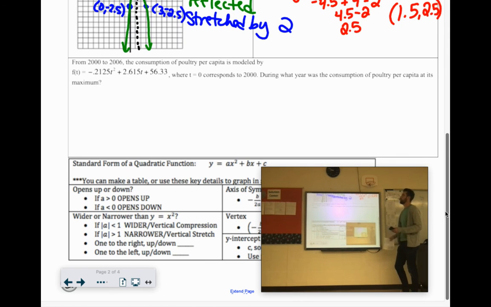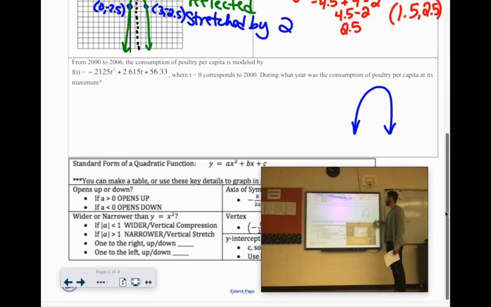From 2000 to 2006, the consumption of poultry per capita is modeled by this formula, where t equals 0 corresponds to the year 2000. During what year was the consumption of poultry per capita at its maximum? Now think about it, this is a reflected parabola.